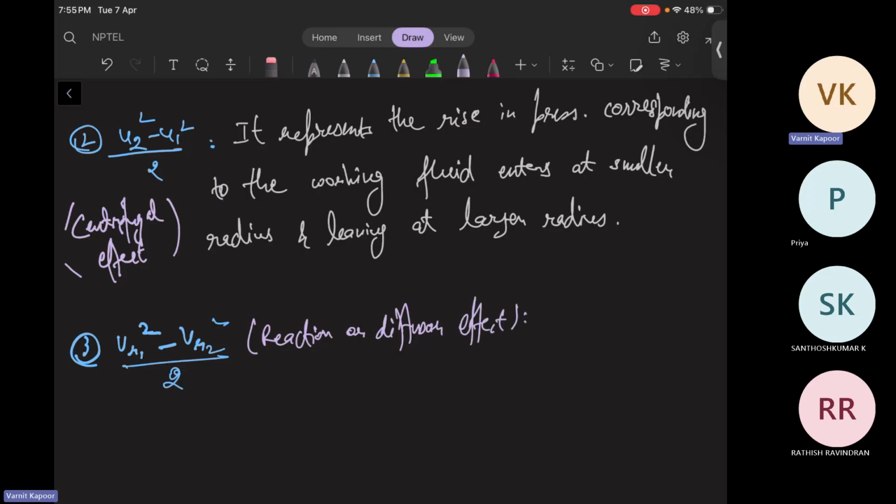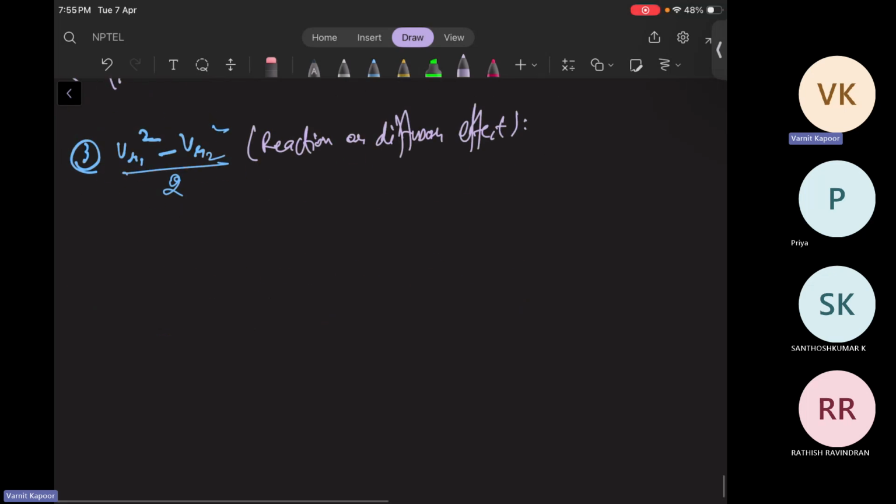Now the fluid has entered into the diffuser, so it represents increase in the pressure because diffuser has a diverging section, and because of the diverging section the area increases, and to maintain continuity your velocity has eventually to reduce. That means when the velocity is reduced, the pressure is going to eventually increase. So it represents increase in the pressure as the flow takes place in that diverging passage, due to which your relative velocity decreases from inlet to outlet, and there is a corresponding rise in the static pressure inside the diffuser.